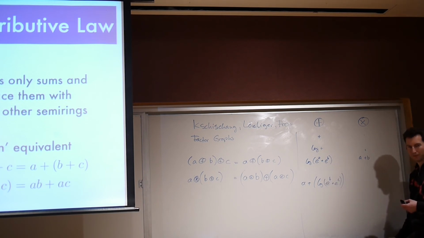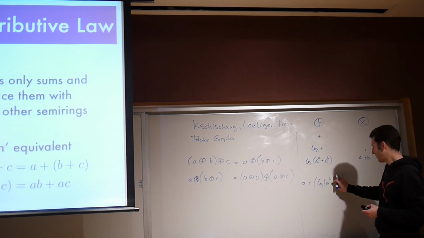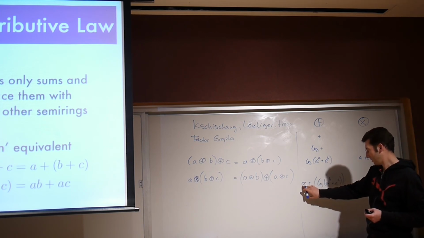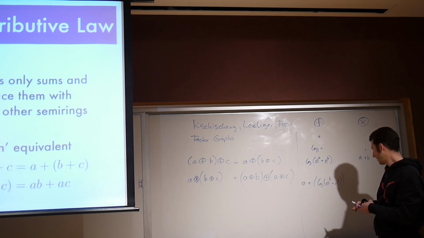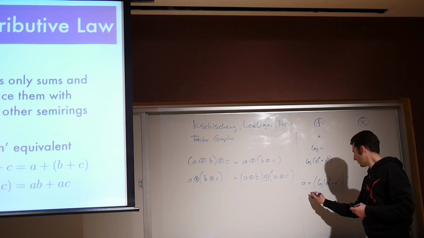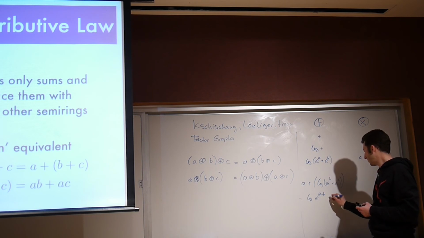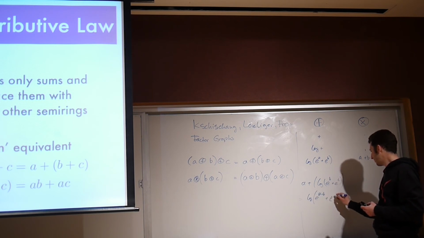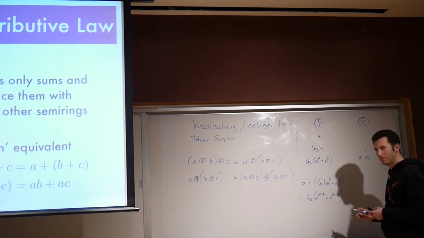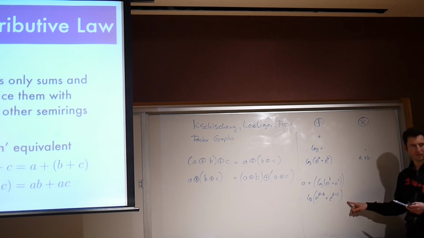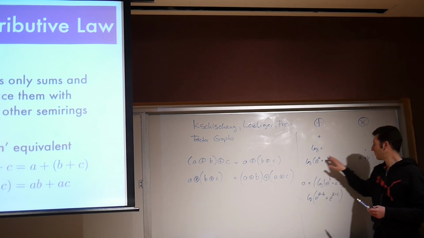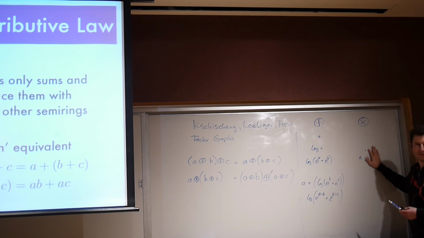Now this I can immediately write, because I can push the a into the exponent as log of e to the a plus b plus e to the a plus c. We actually talked about that at some point in order to make sure that we don't have numerical underflows or overflows. Okay. So you can see these are equivalent. So that proves the second condition. So we know that log plus and plus is a semiring.